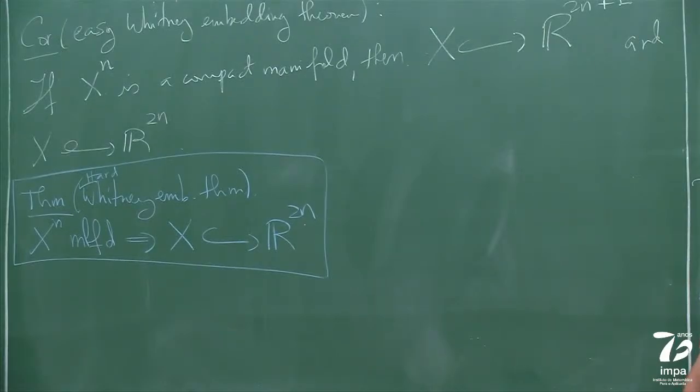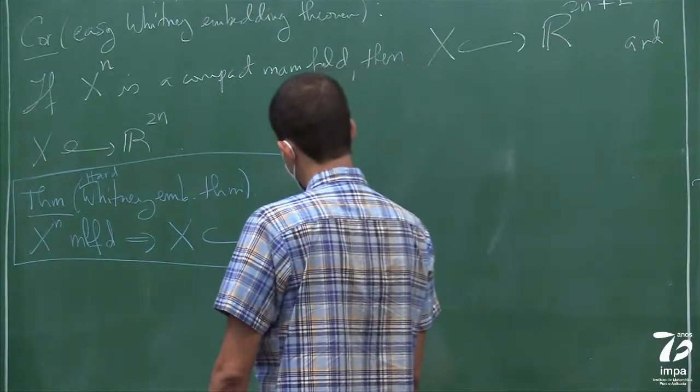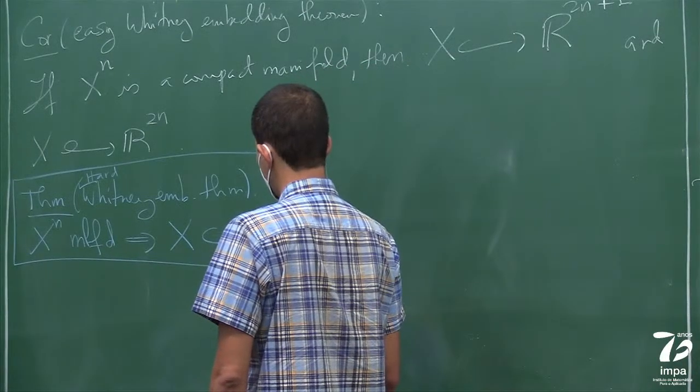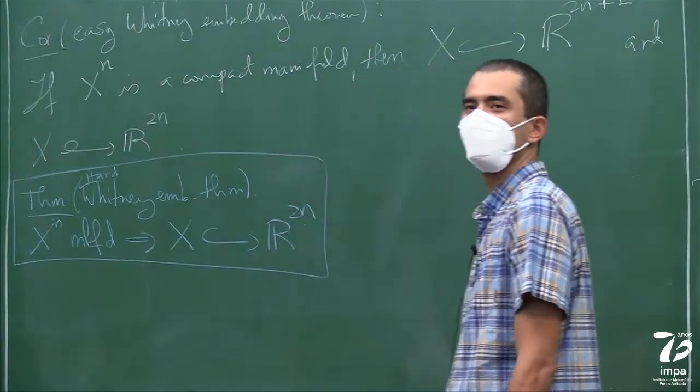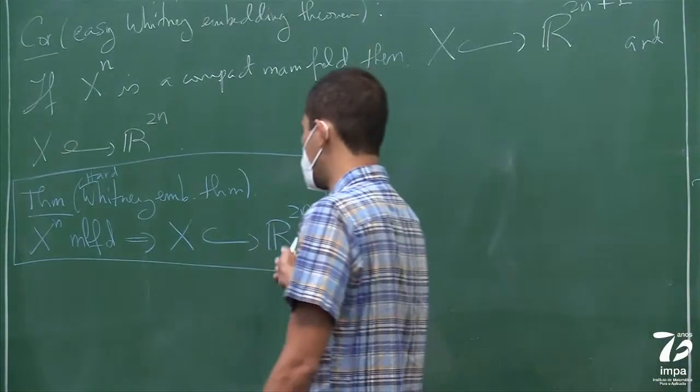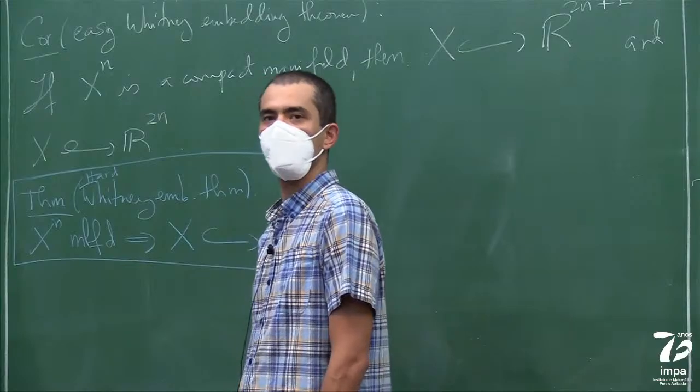You might have to be compact. I can't remember. But at least in some cases, you can prove that you can always immerse into 2n minus 1.